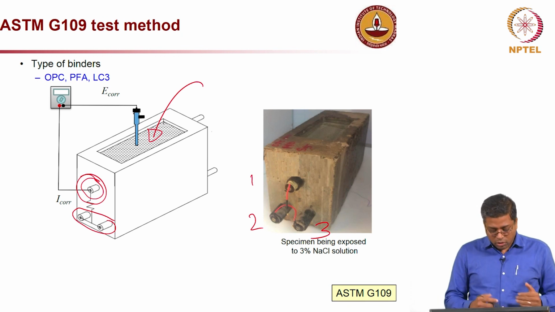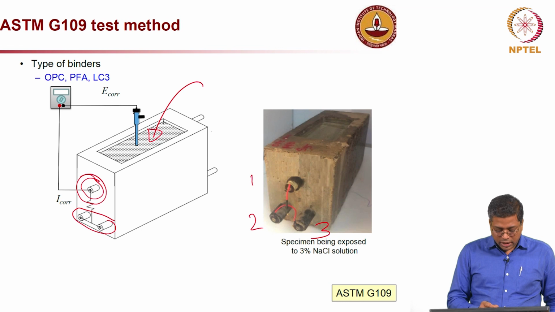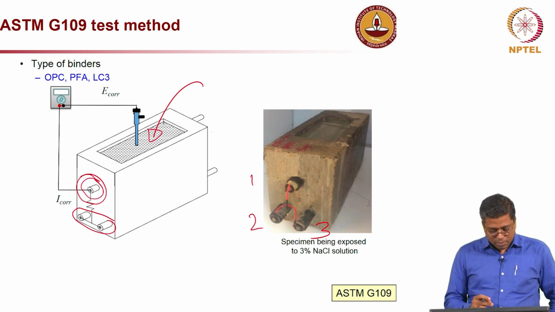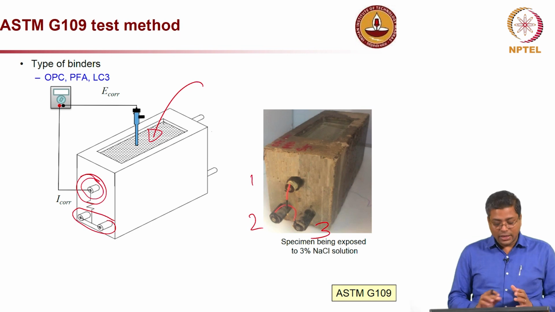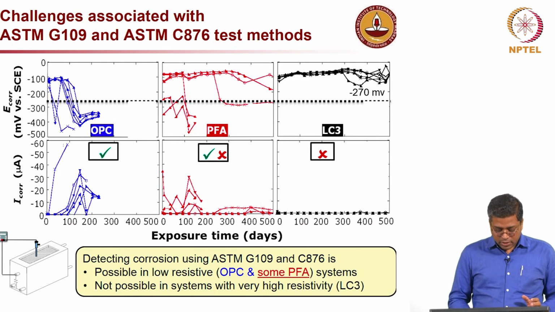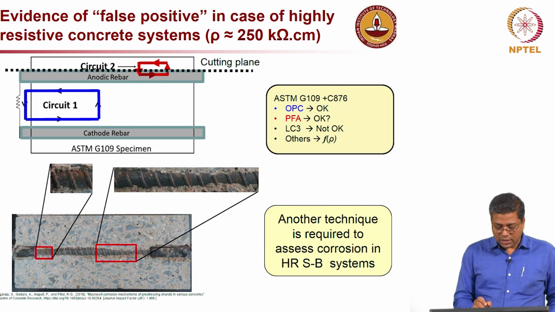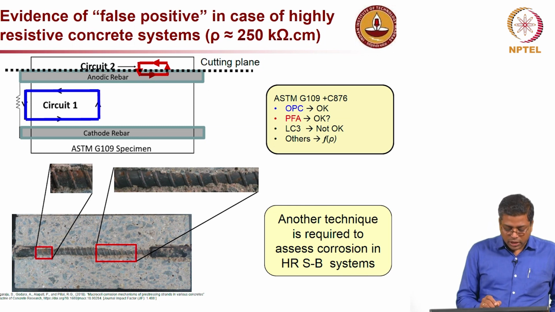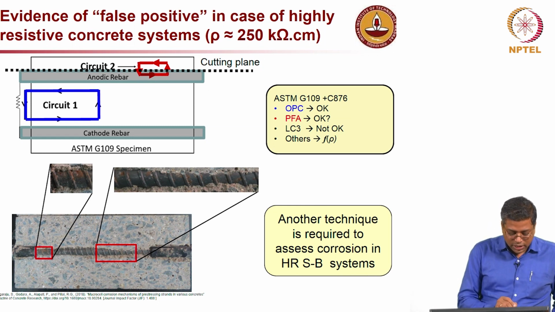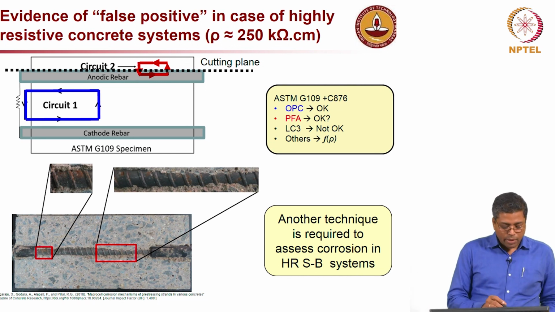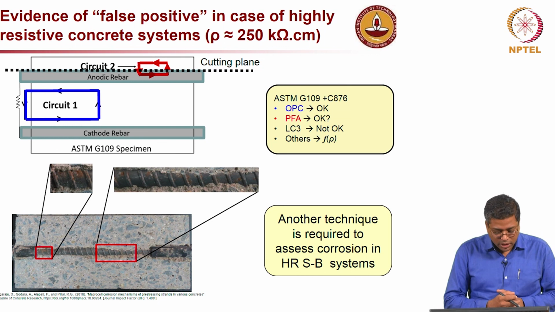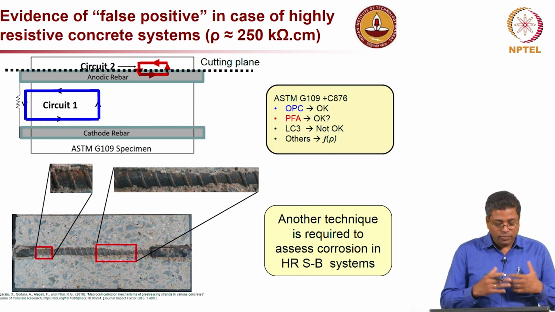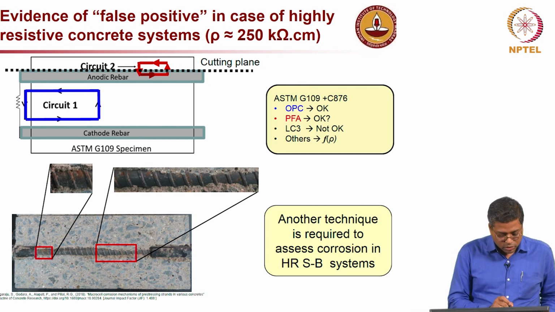The corrosion rate depends on the electrical circuit, which I will show here. You can see this is circuit 1, which is happening in most of the experiments with the relatively older, poor concrete with more porous microstructure.